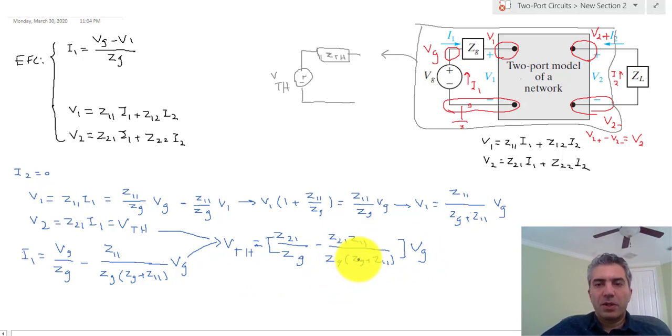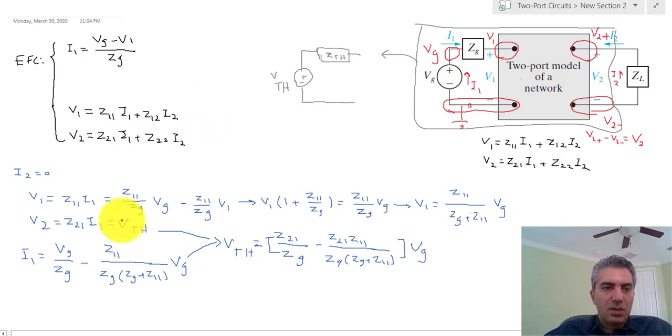Now, if I want to calculate Zthevenin, what's different this time is the condition change, and what I need to do is set Vg equal to 0. So once I put Vg equal to 0, I can continue.